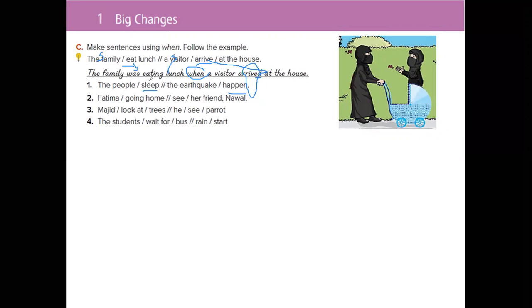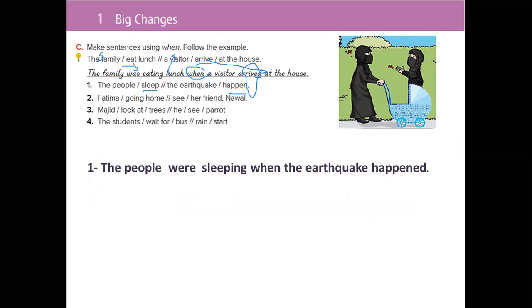Okay, the first verb will change into past progressive tense and the second verb will change into the past form. We will say here, the people were sleeping when the earthquake happened.